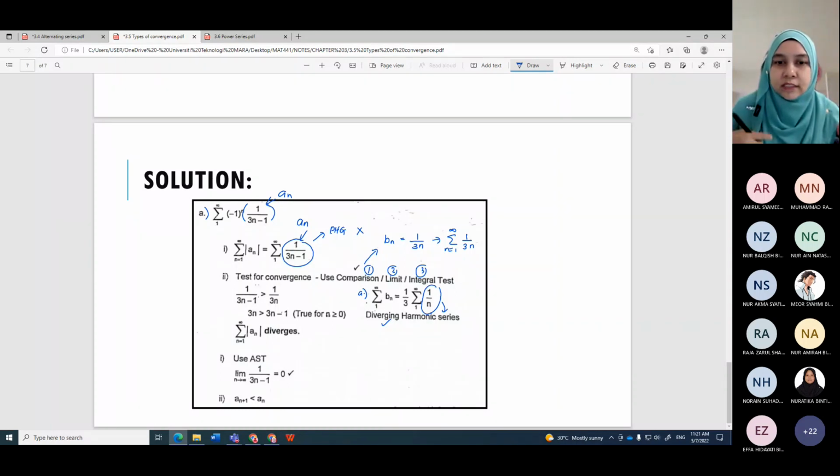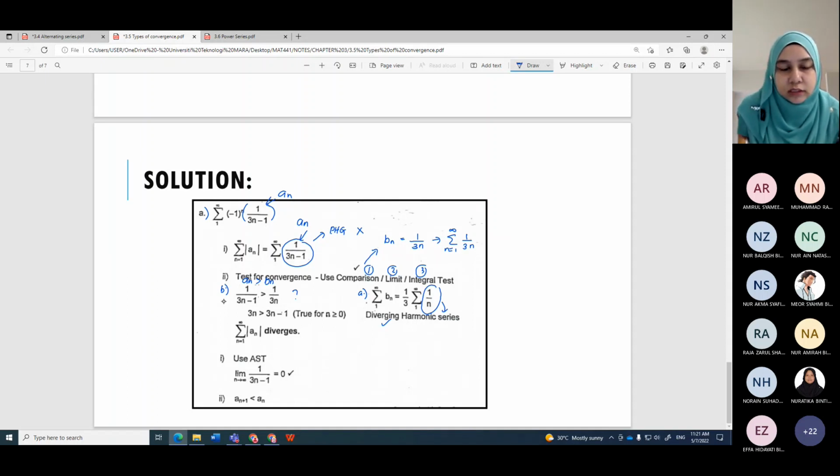Okay, then syarat untuk comparison test, kita perlu prove AN greater than BN. That's why kat sini lah, AN is 1 over 3n minus 1. Okay, is it greater than 1 over 3n?